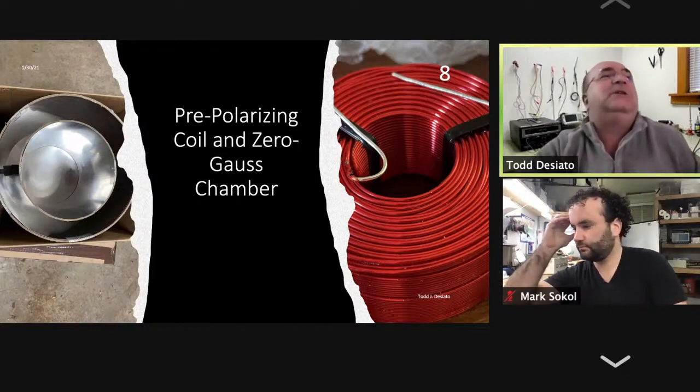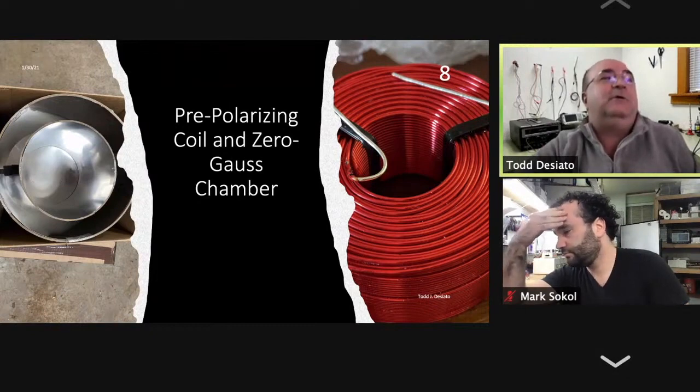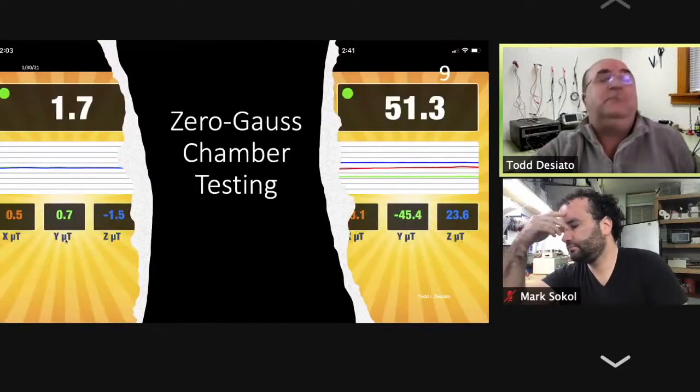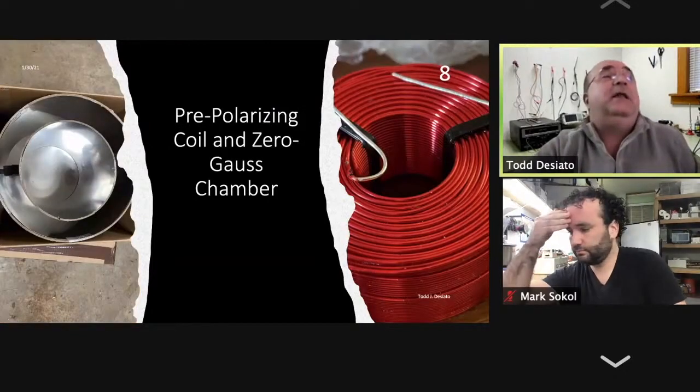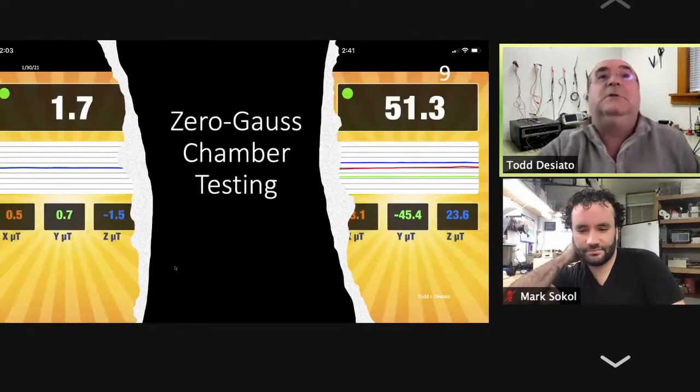This is actually three layers of high mu 80 mu metal and a bottom. It's 12 inches in diameter, and then another layer that's about a quarter inch less than that. And then the inner layer is 8 inches. And so there's a bottom, and these are the results.